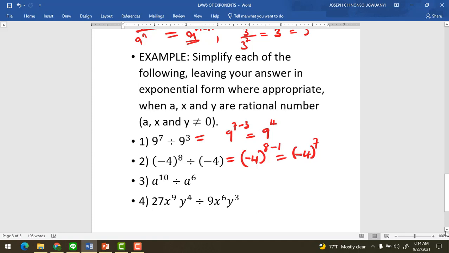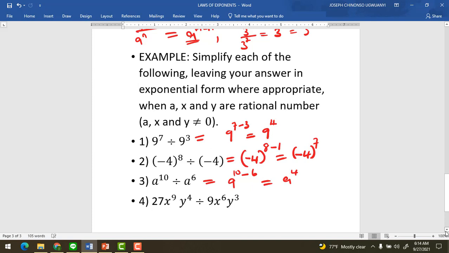Example 3, we have a exponent 10 divided by a exponent 6. This is equal to a exponent 10 minus 6, which is a exponent 4.